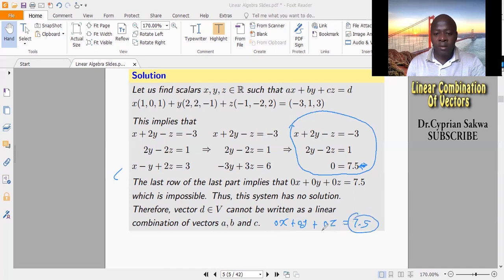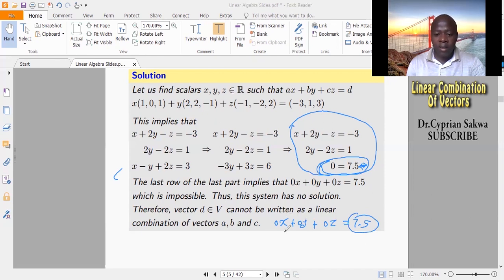That's a contradiction. And so once our last row, or any of the rows, appears like this, where the sum on the left side is 0 and the right side is not 0, it means that this system has no solutions.